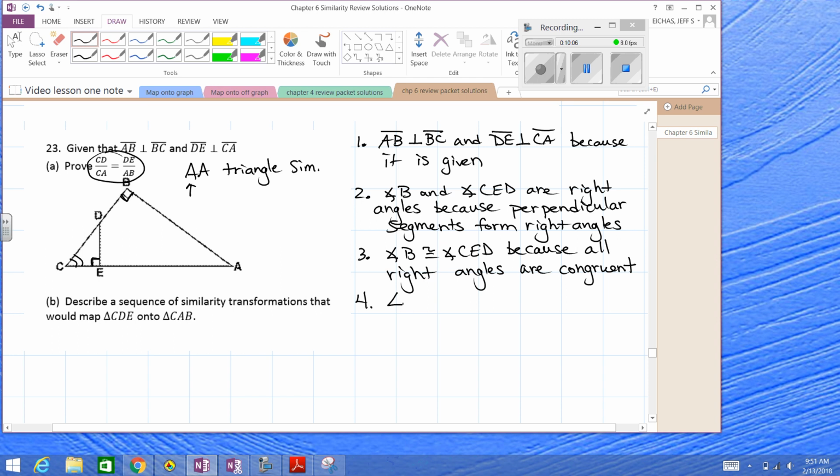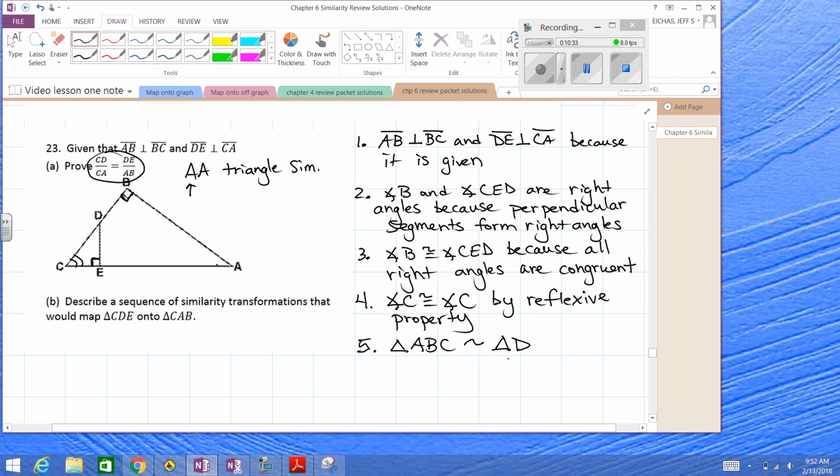Now angle C is going to be congruent to itself by reflexive property. And now the triangles are kind of similar. Now we got to be careful. Let's go with triangle ABC. It's going to be similar, not congruent, but similar to triangle. Now we got to get the matches correct.